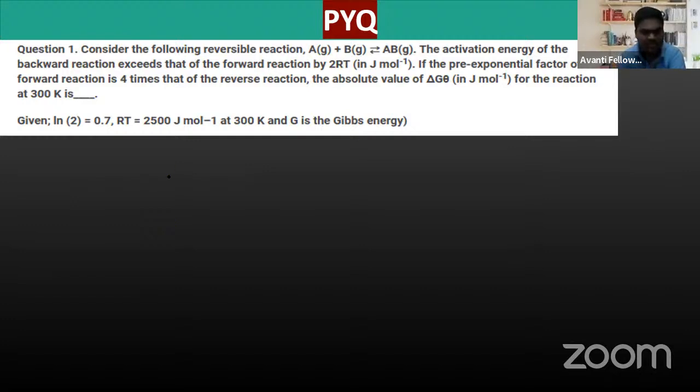Let me write it as, we know that A, which is in gaseous form, reacts with B, which is also in gaseous form, to give AB. Now the activation energy difference, EA, is equal to 2RT.